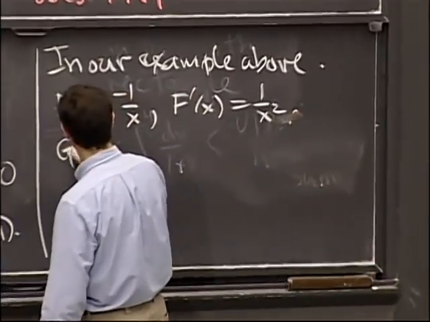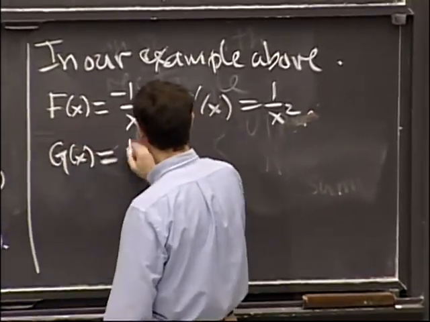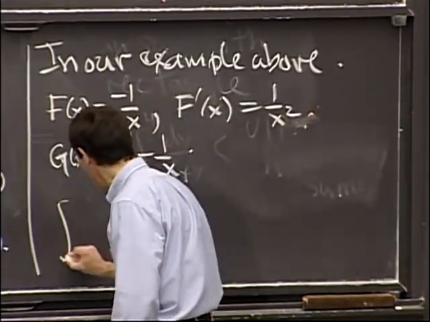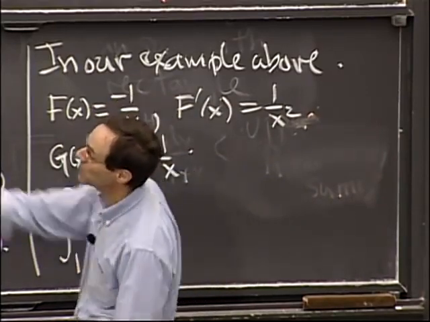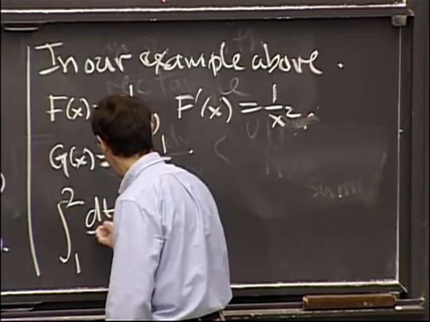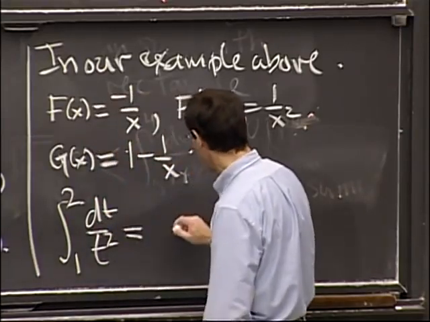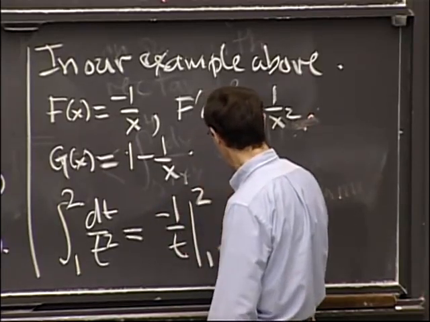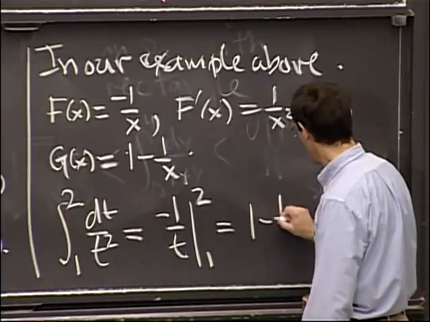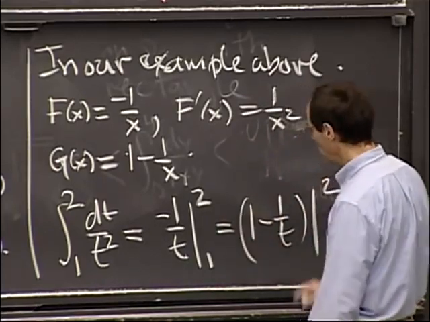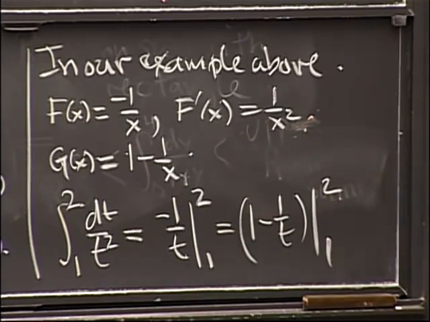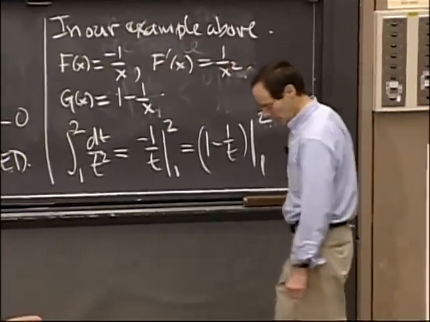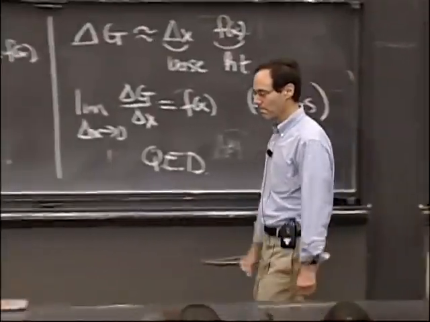And say g(x) is equal to 1 minus 1 over x. And you can see that either way you do that, if you integrate from 1 to 2, let's say, which is what we had over there, dt over t squared, you're going to get either minus 1 over t from 1 to 2, or, if you like, 1 minus 1 over t from 1 to 2. So this is the f version, this is the g version. And that's what plays itself out here in this general proof.